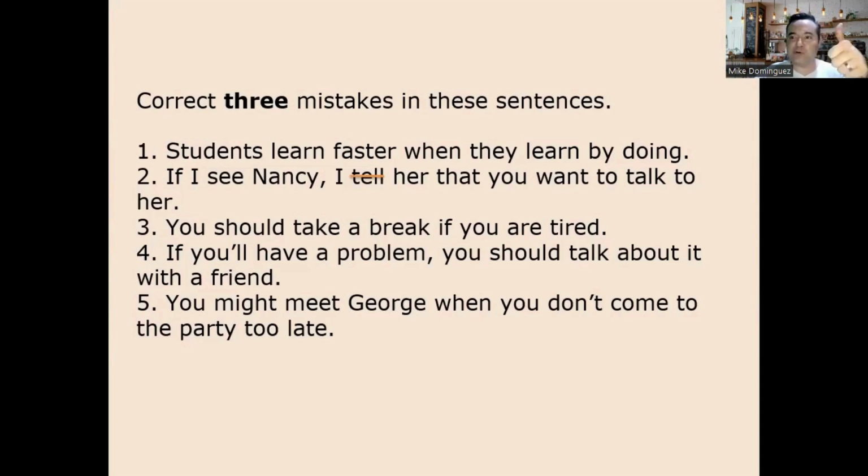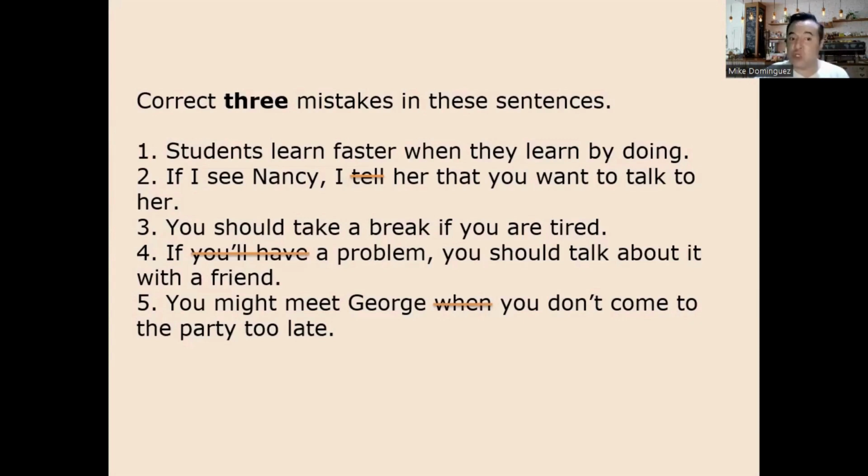The number 1 is correct, Nino. No mistake. No problem. Number 2, instead of tell, you should say I'll, like Meli said. Number 3, it's okay, no mistake. The number 4 is incorrect, as Mary said.